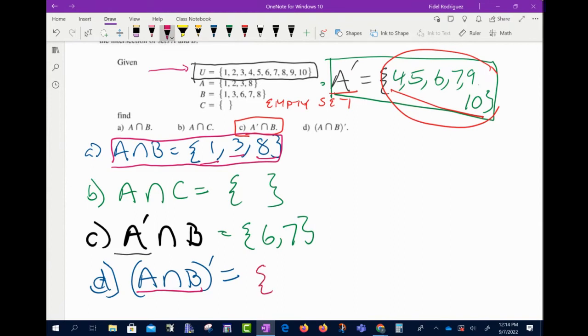So if we don't use the numbers 1, 3, and 8, then we're left with 2, 4, 5, 6, 7, 9, and 10. And that's what the complement means. The complement means go back to the universal set and pick all the numbers that were not in the original one, right? In the original A intersection B was 1, 3, and 8, so that's why we didn't want to use 1, 3, and 8. Does that make sense? Okay.